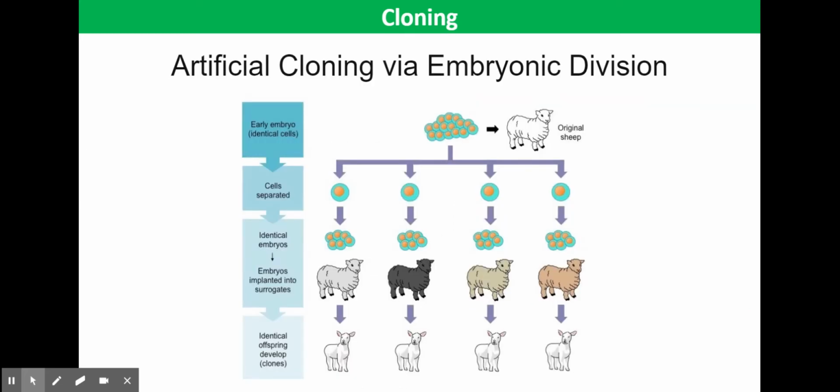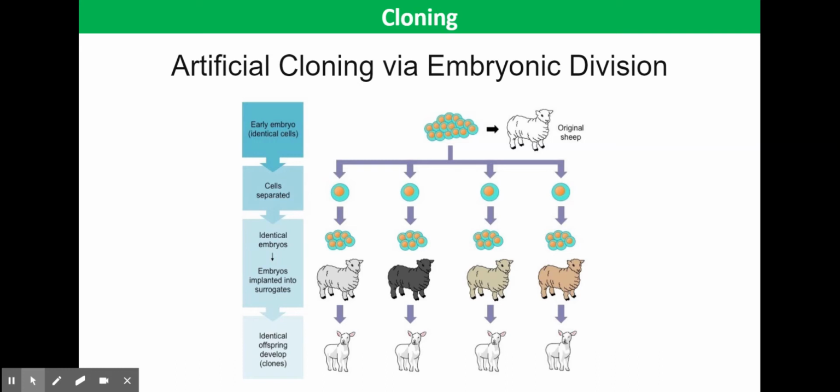Now, mammals can produce identical offspring, i.e. twins, if an embryo splits very early in development. This process and our understanding of it has given rise to an artificial cloning technique that has been used since the 1970s.